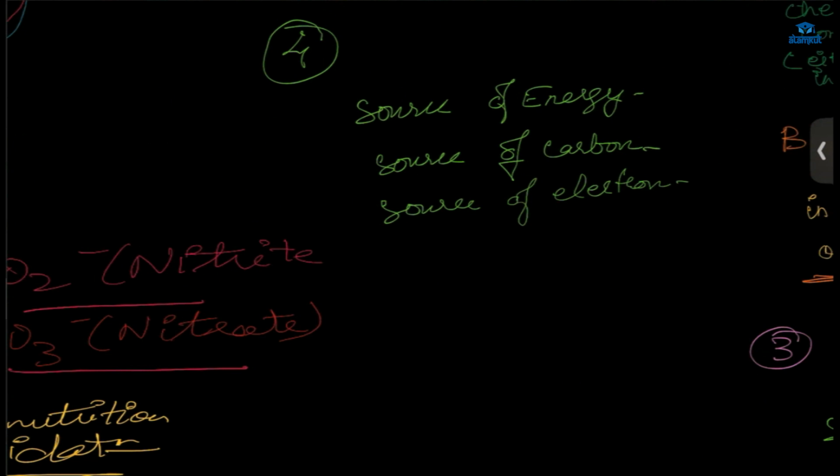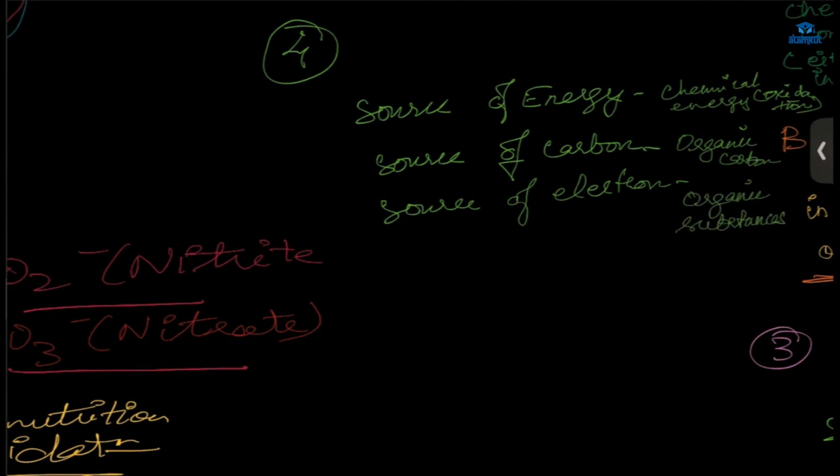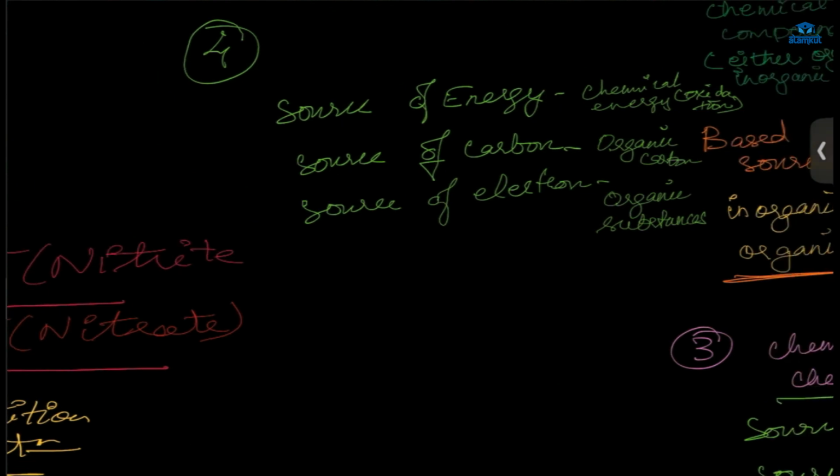The source of energy will be chemical energy, oxidation. For carbon, it is organic carbon, and for electron, it is organic substance. Tell me the name of this bacteria. How will you name it?